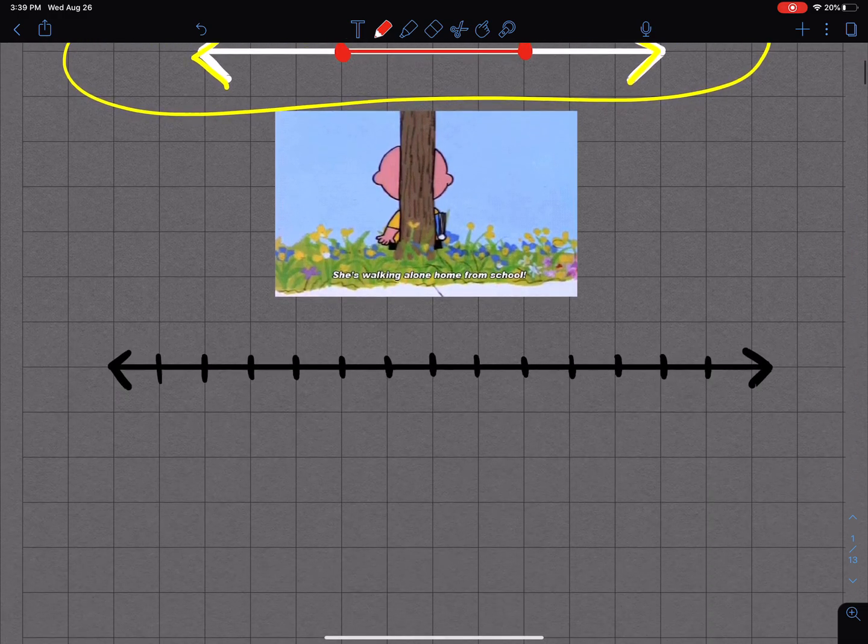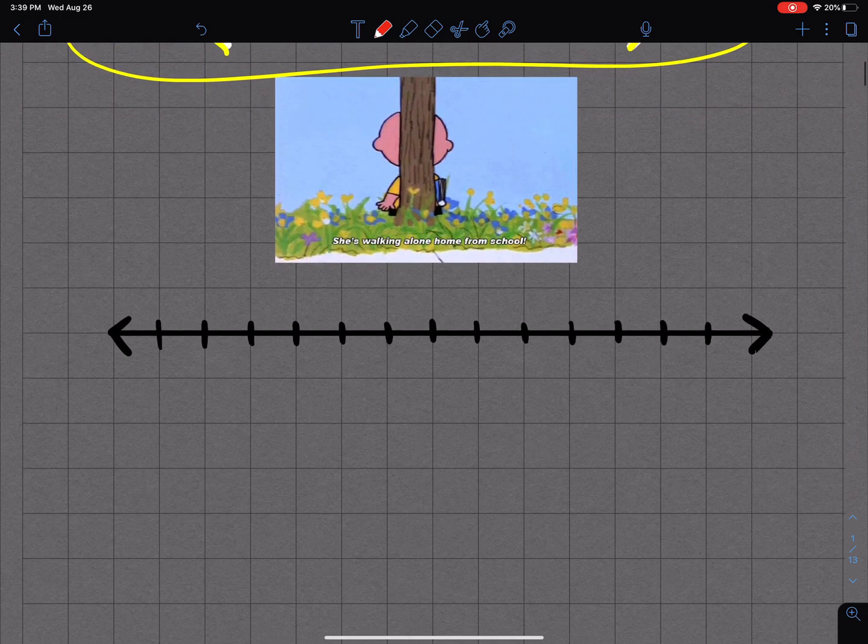So that's a line segment, and then the line goes on forever. So to turn that into a number line, first you start by making a line. The line is the same, and it has the two arrows on each end, and that part is the same. But you'll notice it's different. It has these little marks, and these are called tick marks. And the tick marks are usually an equal distance between each other. So there's an equal space in between every tick mark.